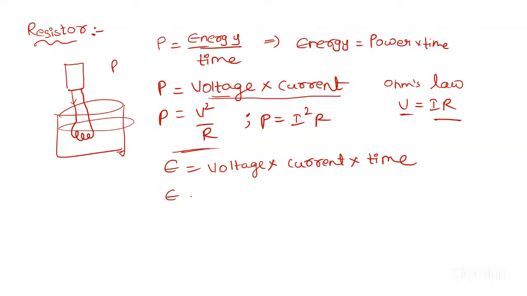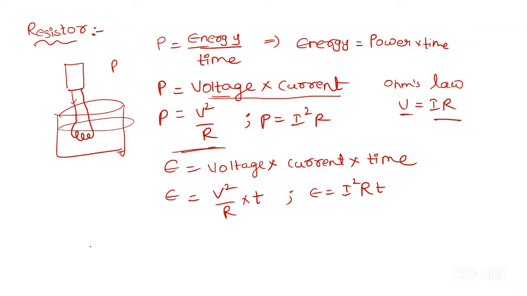Since it is power into time, it can also be V square by R into time, or I square R T. Energy can be in many forms, like light energy, heat energy, and so on.